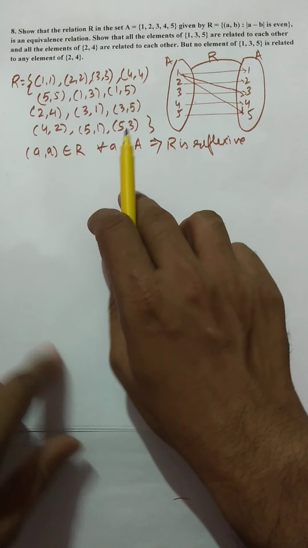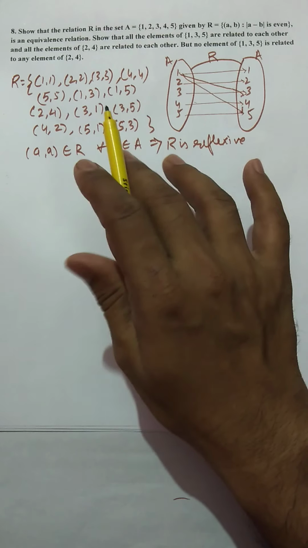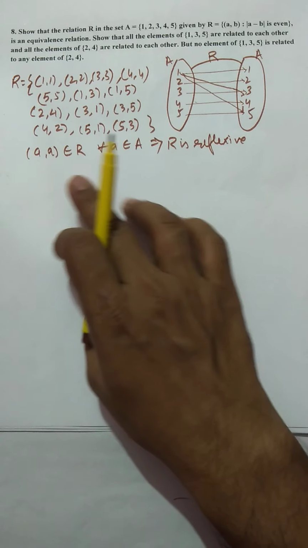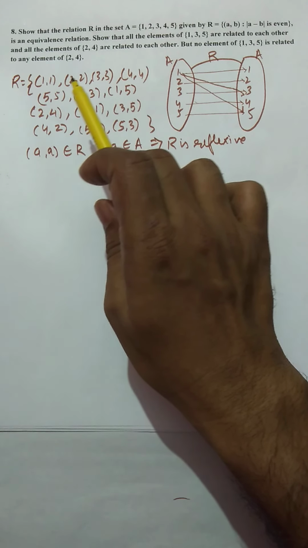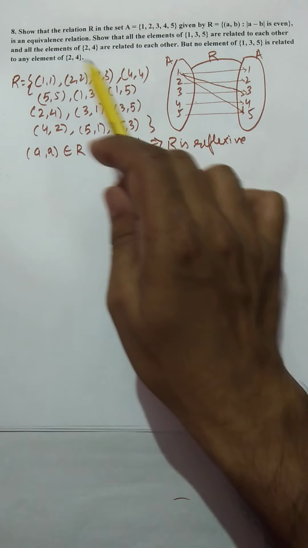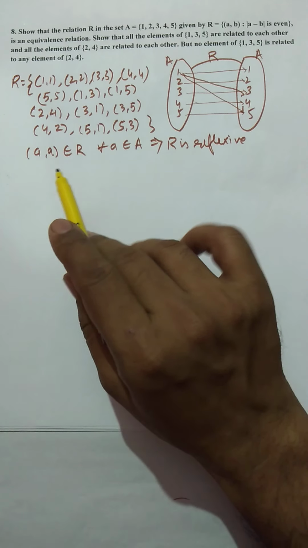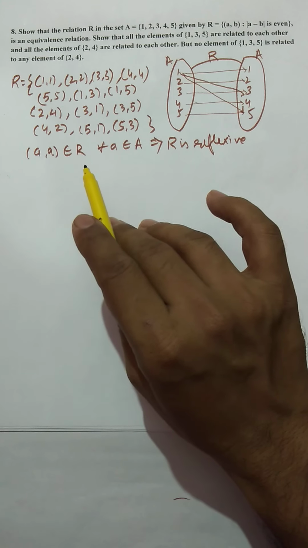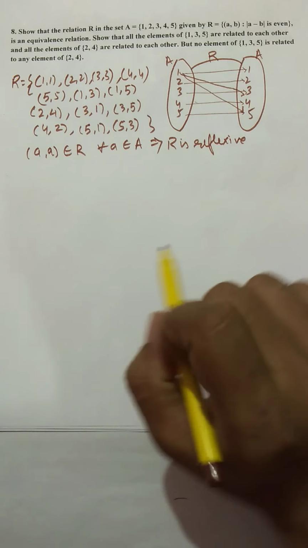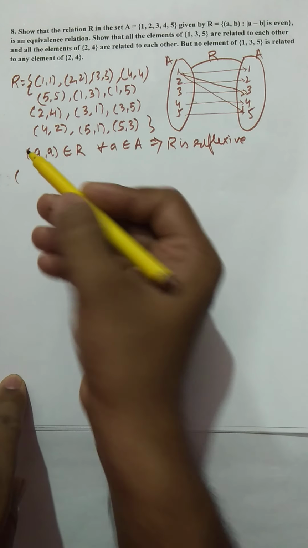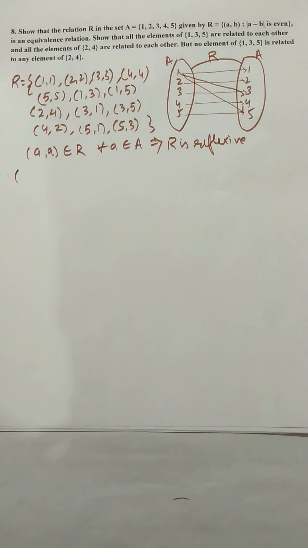Once you write the relation in the roster form, it's sufficient to mention this statement only, because this is quite obvious. This 1 1, 2 2, 3 3, 4 4, 5 5, they all are written very clearly. So just write that statement that a comma a belongs to R for all a belongs to A implies that R is reflexive.